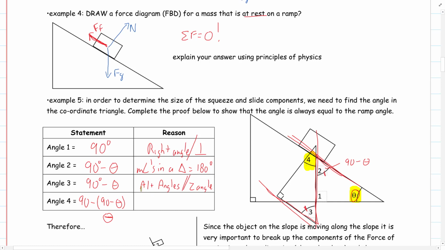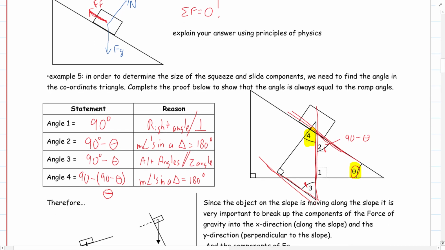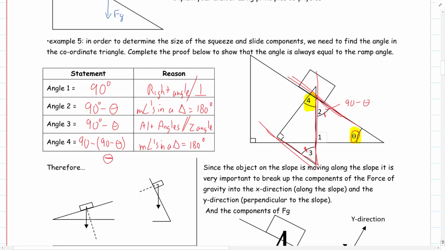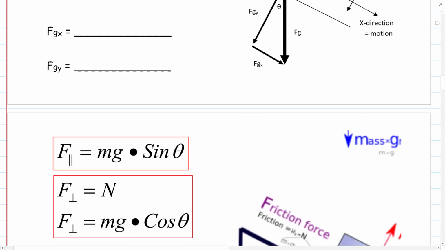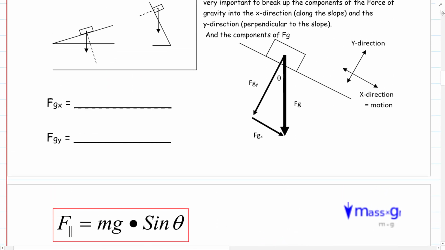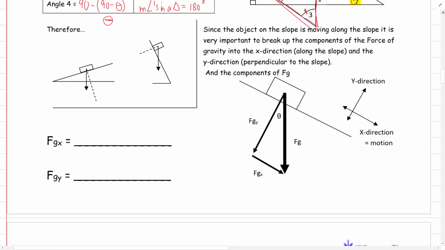Because then again, the reason here, if we had to do a geometric proof, is that the measure of the angles in a triangle must equal 180 degrees. Now, you don't have to remember how to prove it. I just wanted to prove it online and get that done.